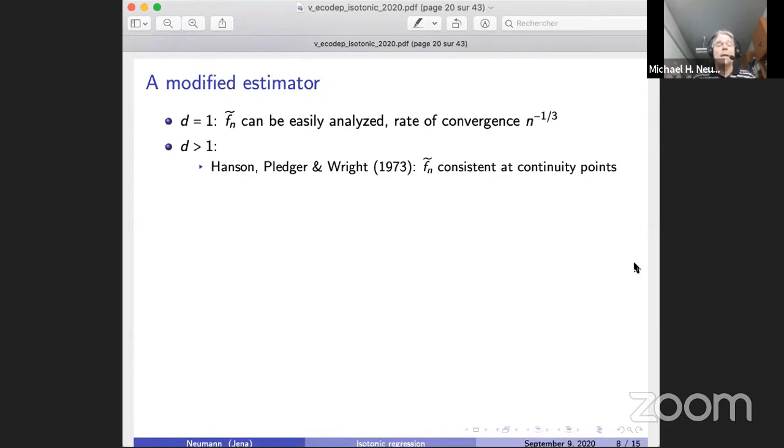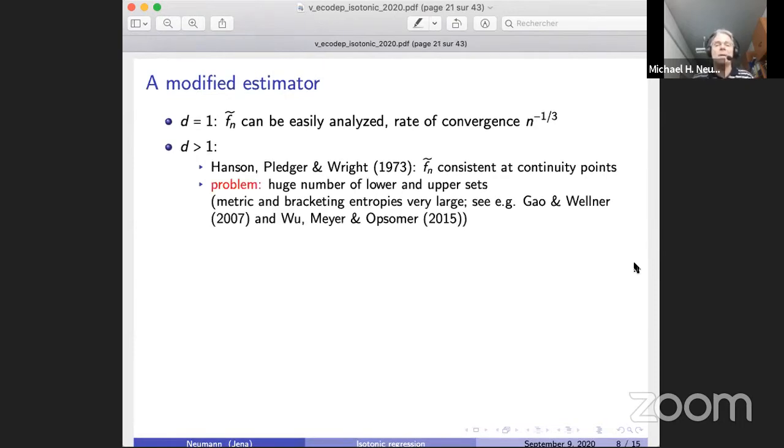So next part. In higher dimensions, it is also known for a long time that this classical isotonic least squares estimator is consistent at the points where f is continuous. But we were not able to prove that in higher dimensions this estimator attains optimal rates of convergence.